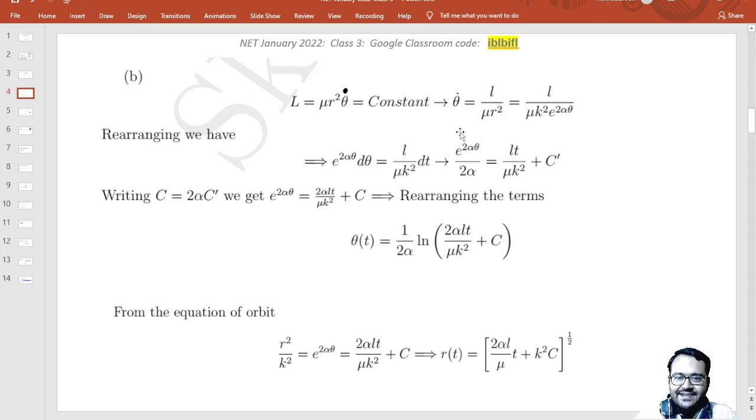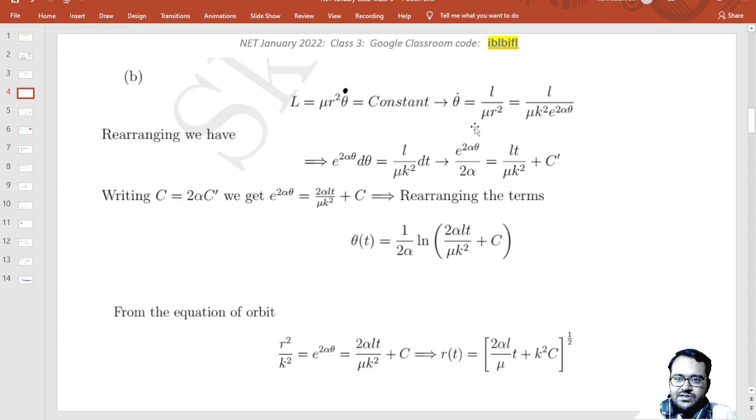That is a constant. So theta dot can be written as L by mu r square. Capital and small l have been interchanged in my notes many times, so I would correct it, but right now we need to adjust with this. Both small l and capital L have been used as angular momentum.